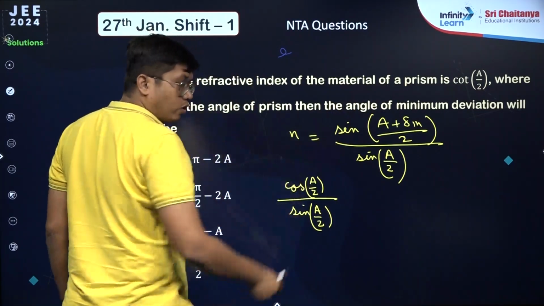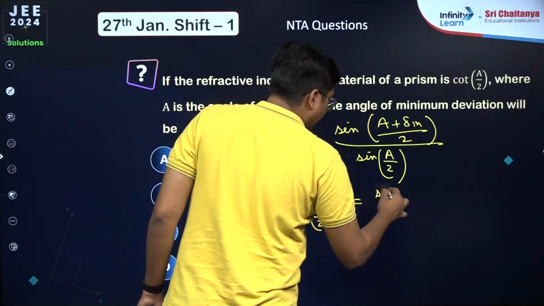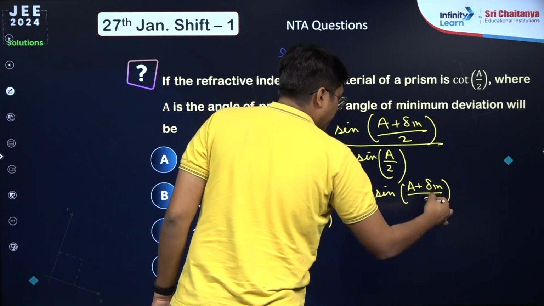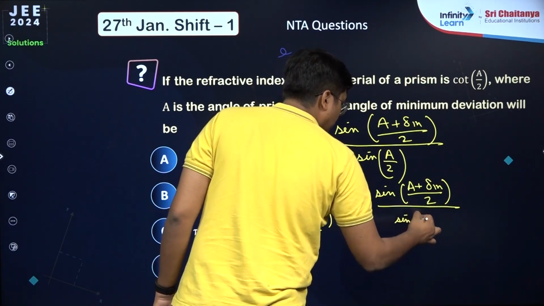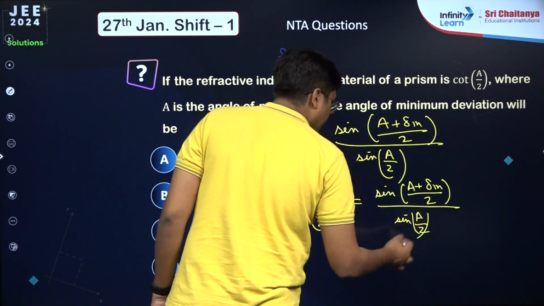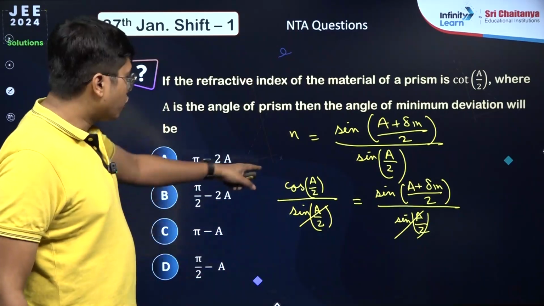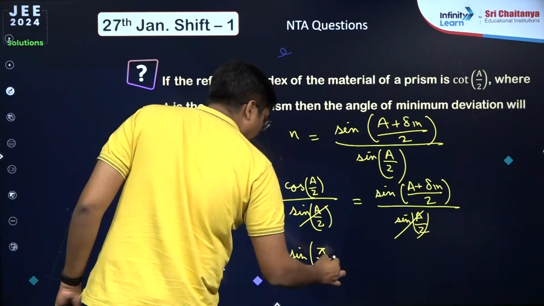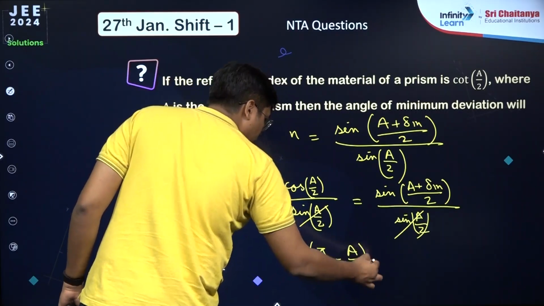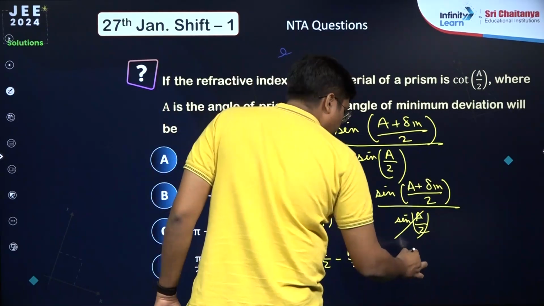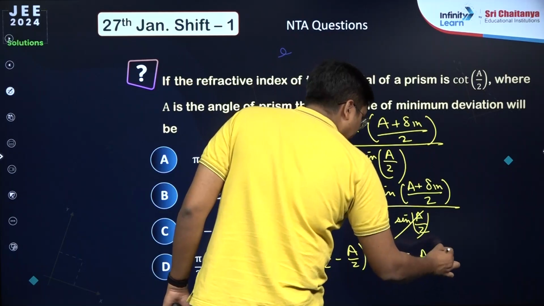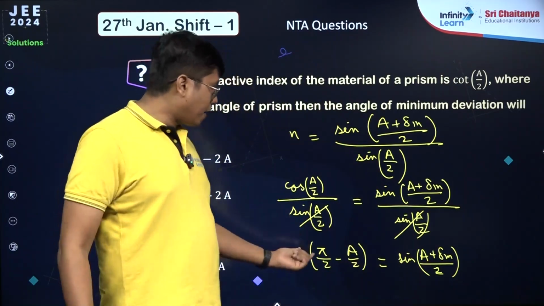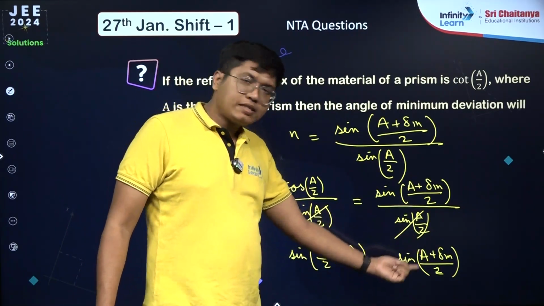Putting n is equal to cot A by 2, and cot is just cos by sine, and that is equal to sine of A plus delta m by 2 divided by sine of A by 2. Cancel the sine A by 2's from both sides. So you have cos A by 2 is equal to sine of A plus delta m by 2. I can write it as sine of pi by 2 minus A by 2, and that is equal to sine of A plus delta m divided by 2, which just tells you that pi by 2 minus A by 2 is equal to A plus delta m by 2.